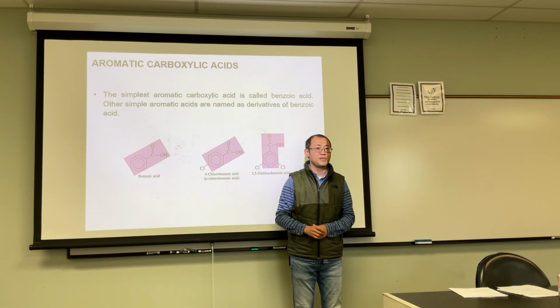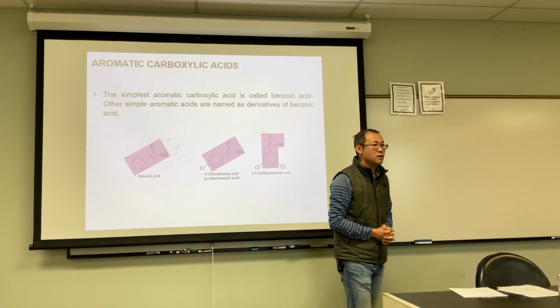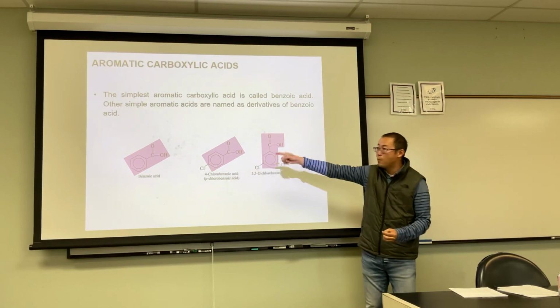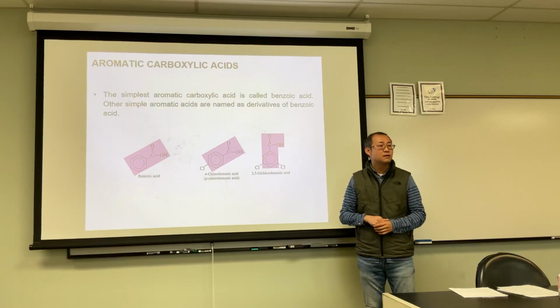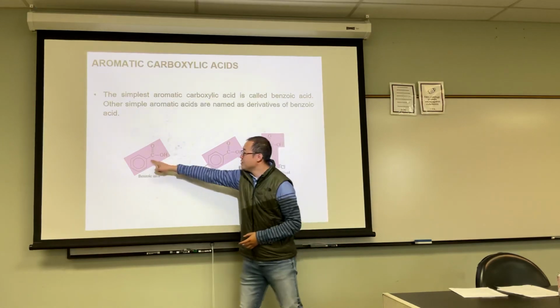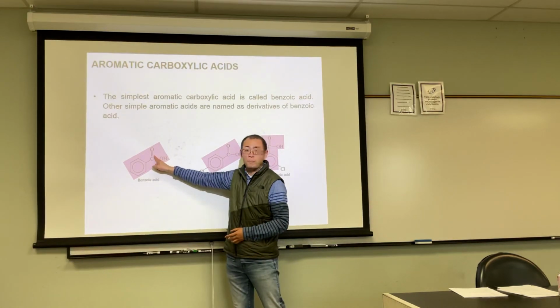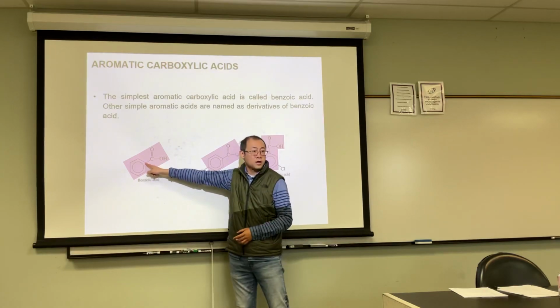Do you remember that? If a carboxyl group, COOH, is attached to a benzene ring, this whole thing in purple is named what? Benzoic acid. And because this is a new parent name, the carbon attached to the carboxyl group on the benzene ring is what carbon? Number 1 carbon.